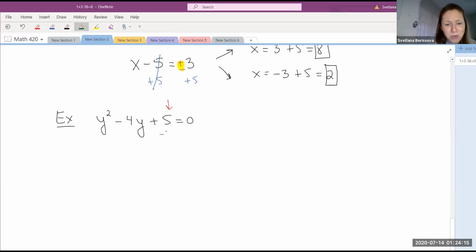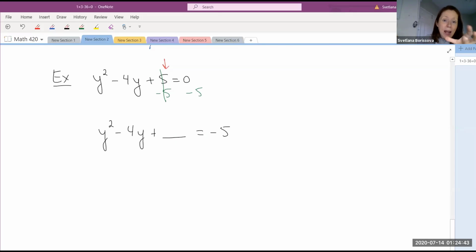We're going to have to subtract 5 so that we can create a space, in a sense, for the right number. So this is what I have: y squared minus 4y plus, and here I'm going to insert the number that will create a perfect square trinomial, and on the right-hand side, I already have negative 5.